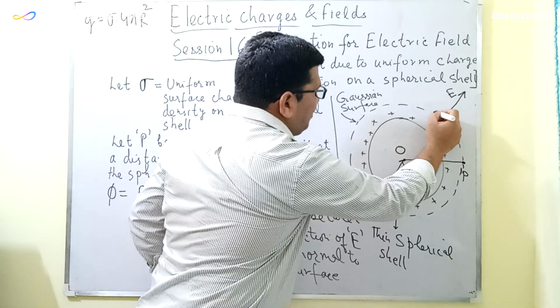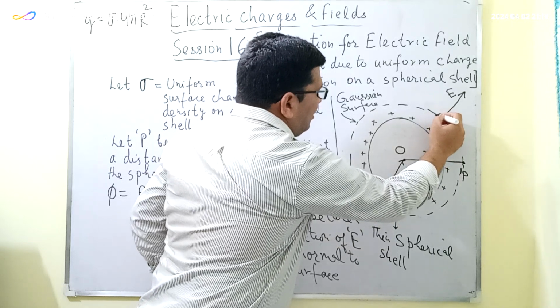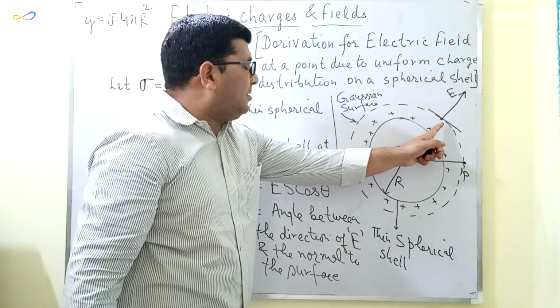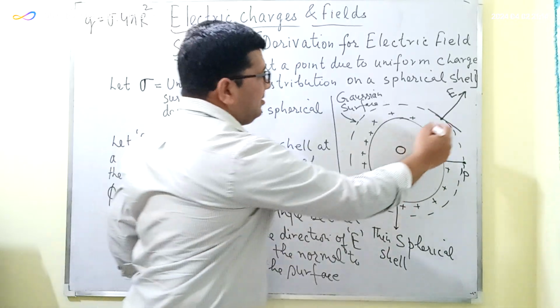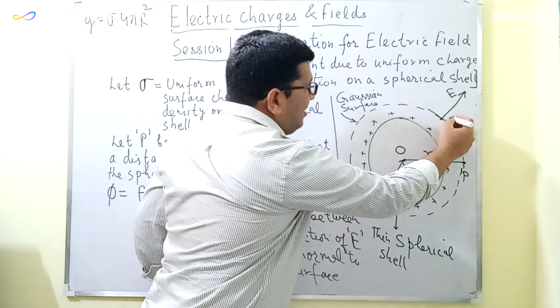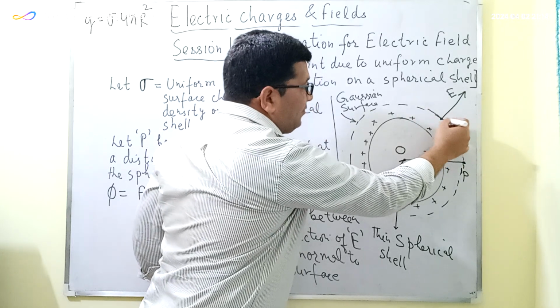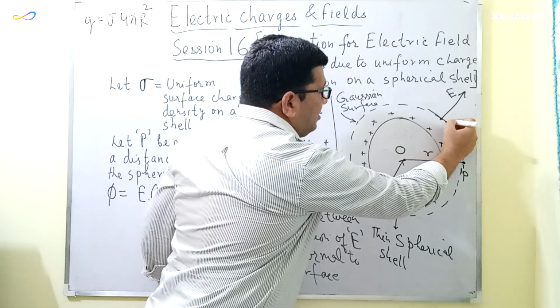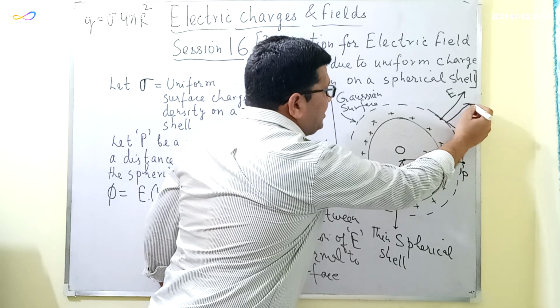And at this point, the normal will be here. At this point, what I am doing is I have drawn one tangent here, and the normal to the surface at this point will be perpendicular to this tangent.